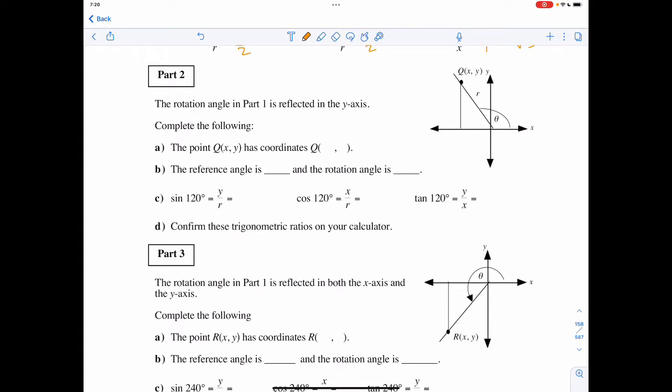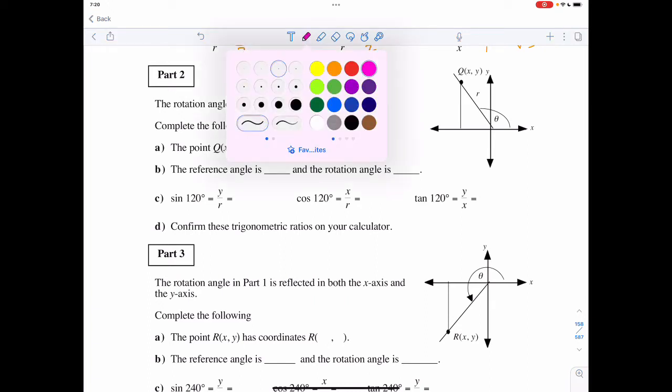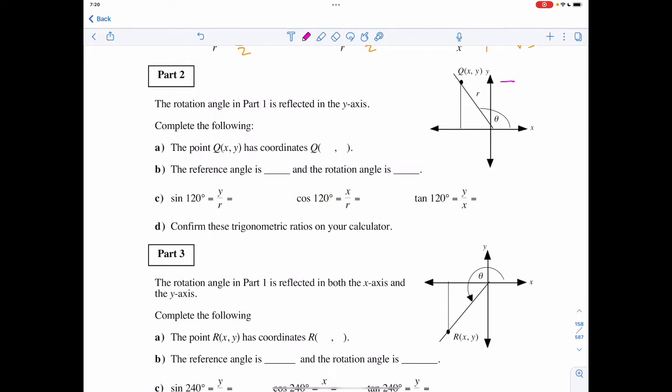Now they reflected that in the y-axis, where we can see that it was reflected from here over to here, but the distance between these points is going to be the same, and the height is going to be the same. So all that changes with that reflection is my x becomes negative.